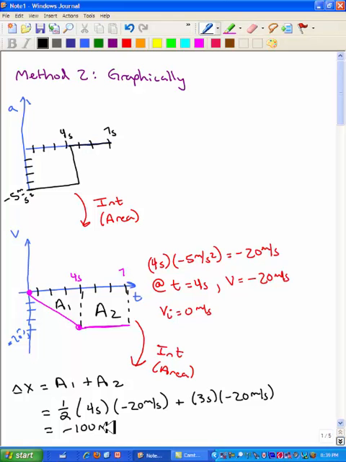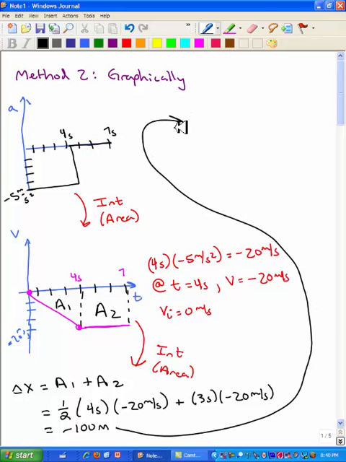Now, before you freak out and say, Mr. Parham, that's wrong because the answer is not the same, you must remember one small piece of information, and I'm going to write it up here if you will allow me. Delta x equals x final minus x initial. We are looking for x final.